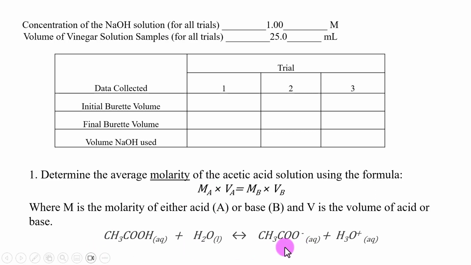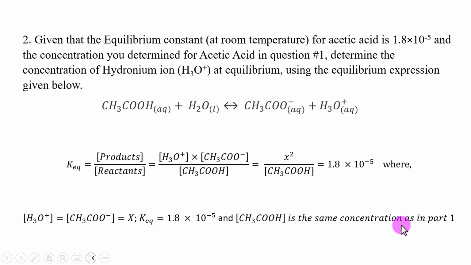Okay, and this is the reaction, right? This is acetic acid. When placed in water, it will partially dissociate. It's a weak acid to give you acetate and H3O+. Part 2.